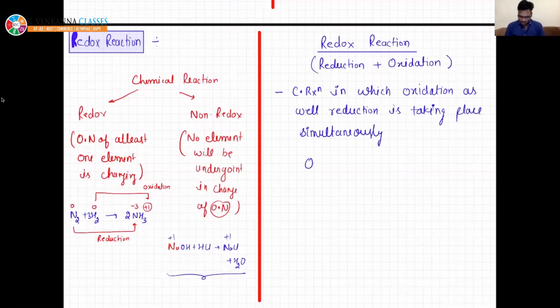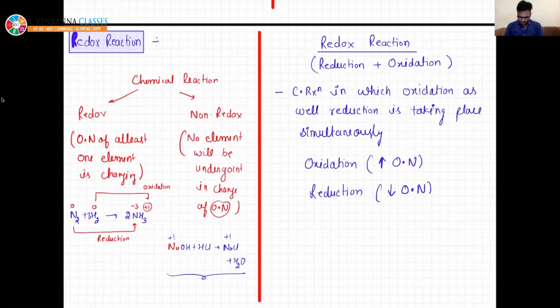Again, I am telling you, oxidation simply means increase in oxidation number, and reduction means decrease in oxidation number, right? So if there is any reaction in which oxidation and reduction both are taking place, then that will be termed a redox reaction.